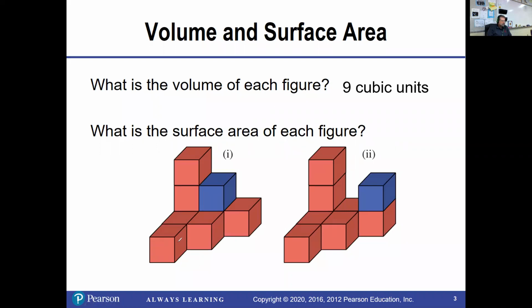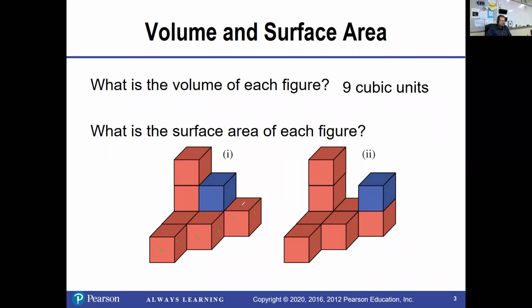So if you go 1, 2, 3, 4, 5, 6, 7, 8, 9, 10, 11, 12, 13, 14, 15, 16, 17, 18, 19, 20, 21, 22, 23, 24, 25, 26, 27, 28, 29, 30, 31, 32, 33, 34, 35, 34, I think that's right.